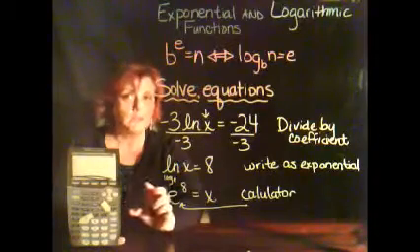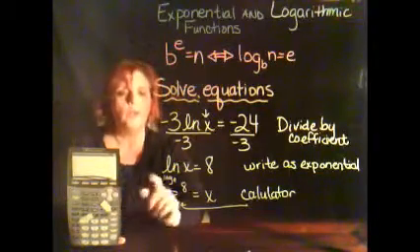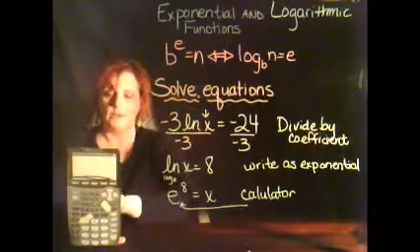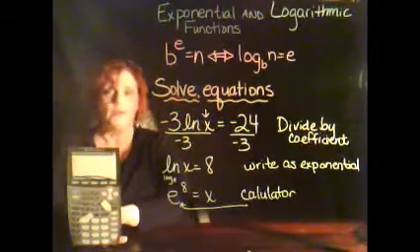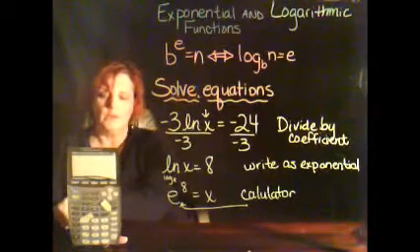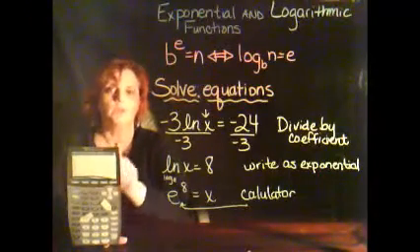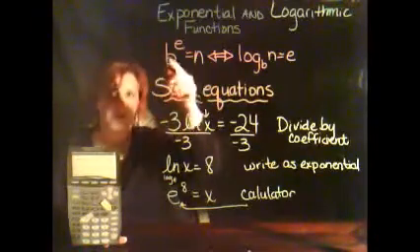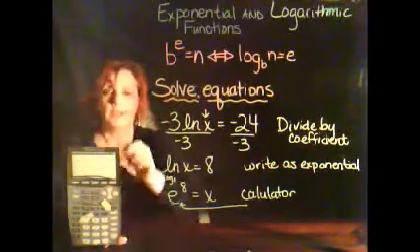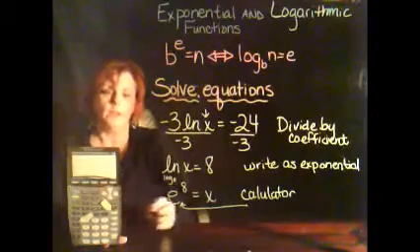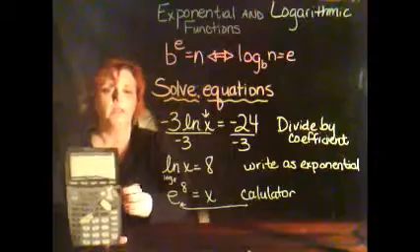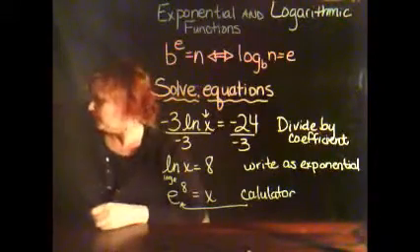That's just the value for e. It's a constant. We so often raise that to a power that they decided to make a shortcut down here, and it is the second button of the natural log button down over here next to the 4. So if you go second natural log, it will give you e raised to, and you just need to add in the exponent. So that's the button I like to use, because all I have to do is hit second, that button, and then hit 8 and enter, and I'll have an answer.